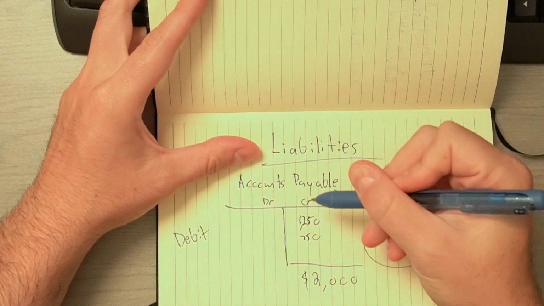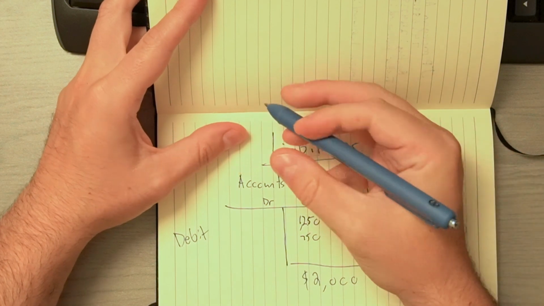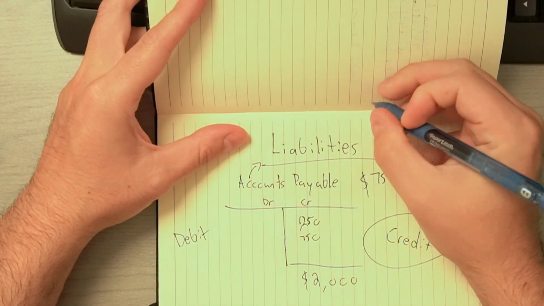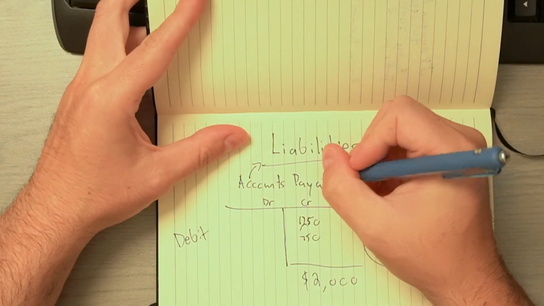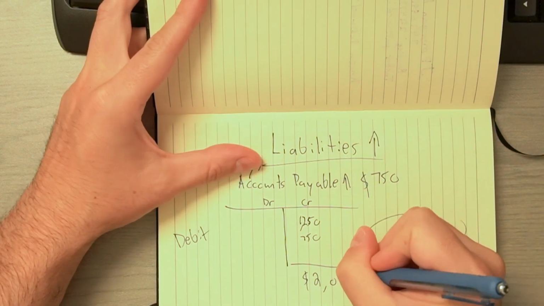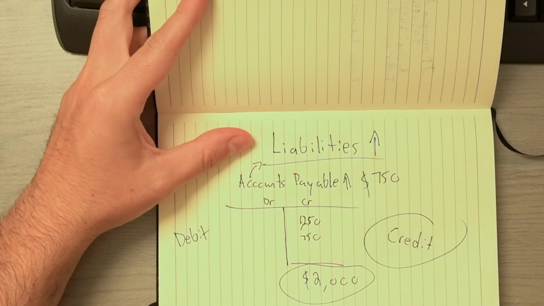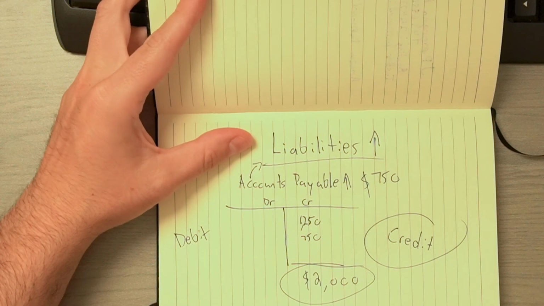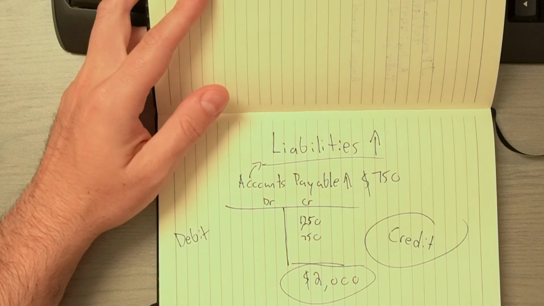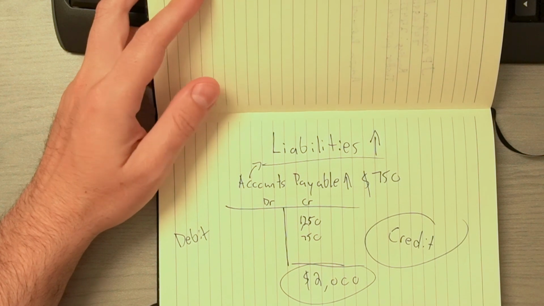So we're going to credit accounts payable. It's going to increase the account. It's going to increase liabilities. And then we'll have our new balance of a $2,000 credit in accounts payable. Okay, we have one example left. Let's move to that one.